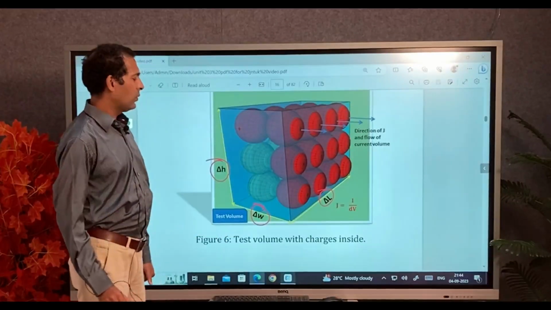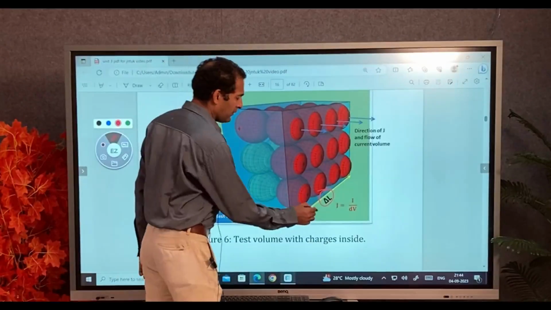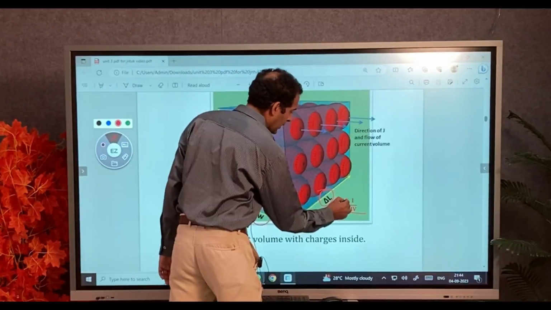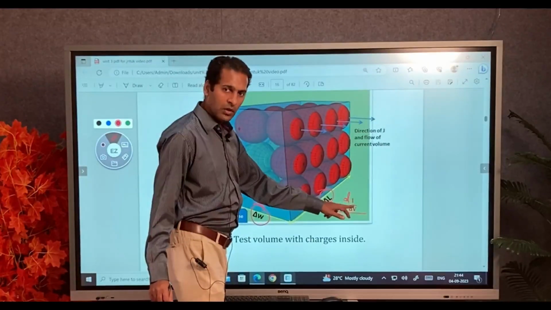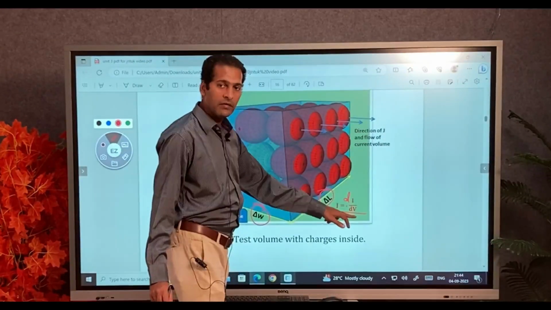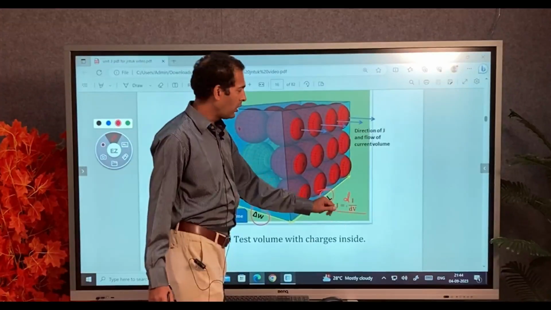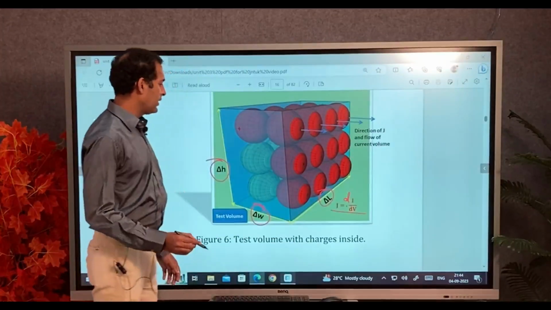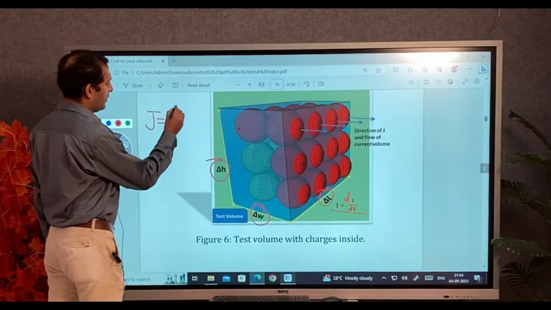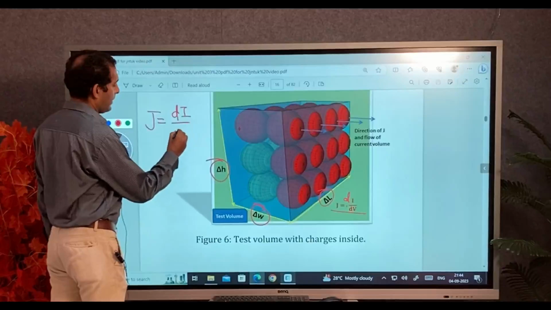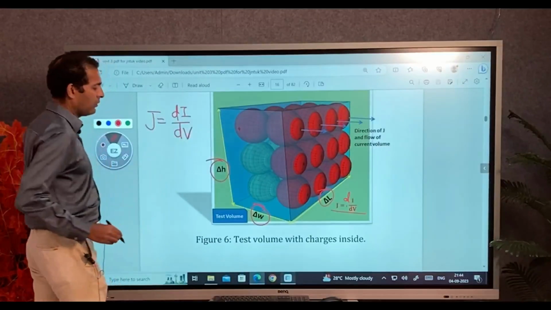This is our test volume, and by the definition of current density, it is directly related with the current, the cause, and inversely related with the surface or volume. In this case we are considering volume, so our J, current density, will be equal to di by dV.